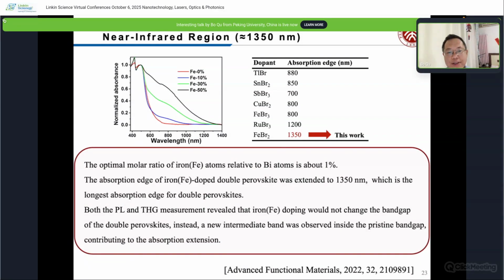Both the PL and the THG measurements revealed that ion doping would not change the band gap of double perovskites. Instead, a new intermediate band was observed inside the pristine band gap, contributing to the absorption extension.